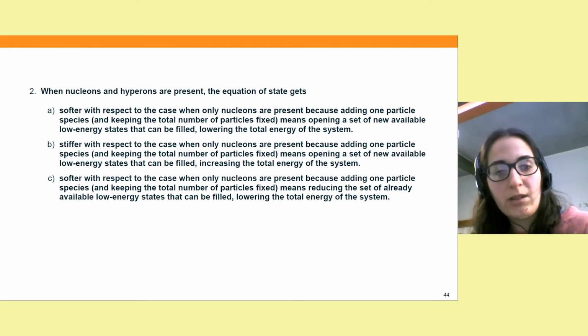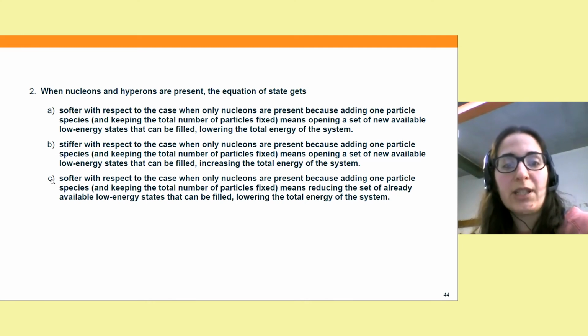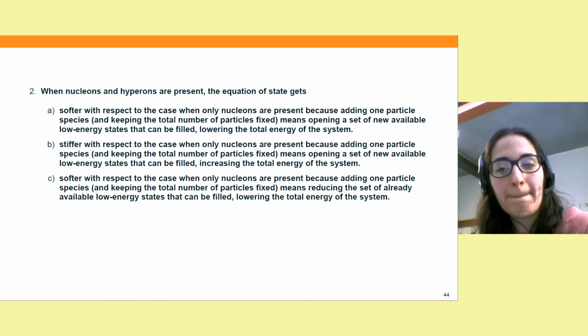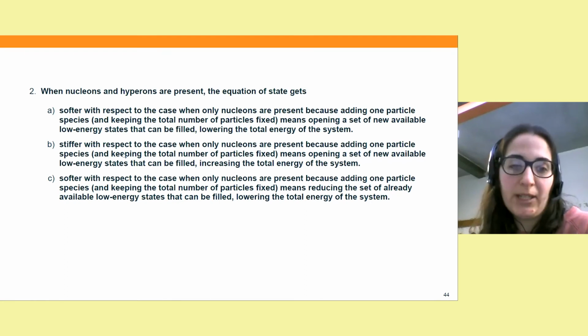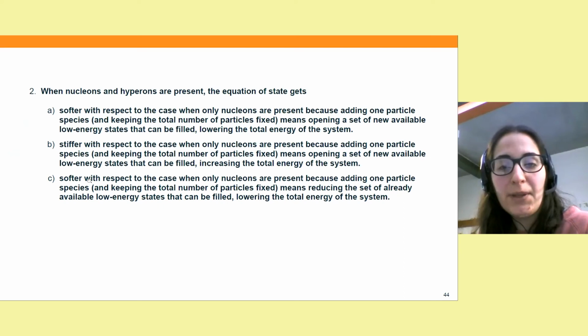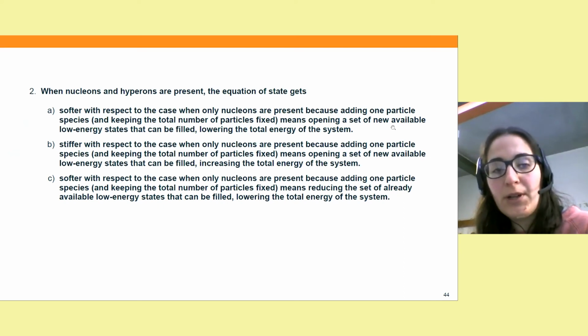What is the right reasoning? First, does it get softer or stiffer when hyperons are present? Softer, okay, so B is not the correct one. And it's softer because there is an opening of new available low energy states, or because it reduces the number of states?